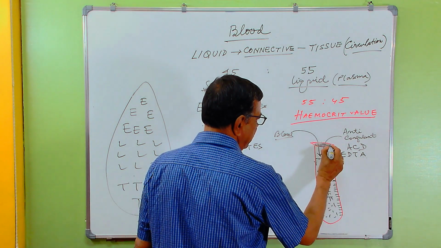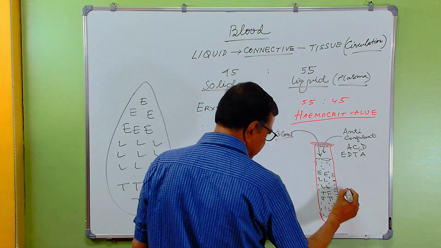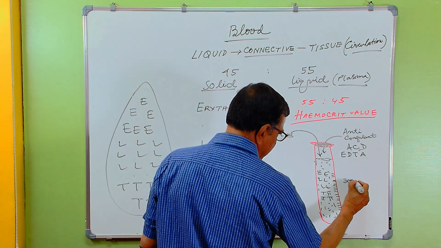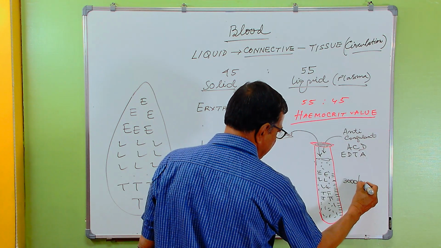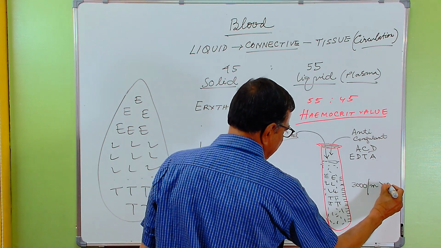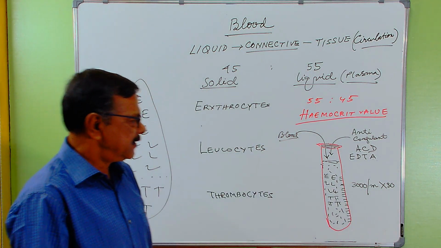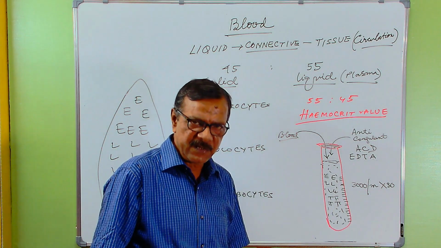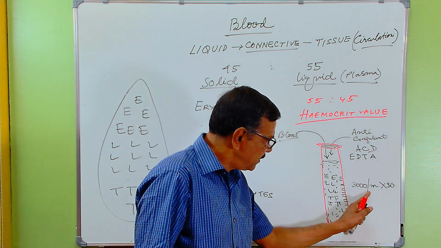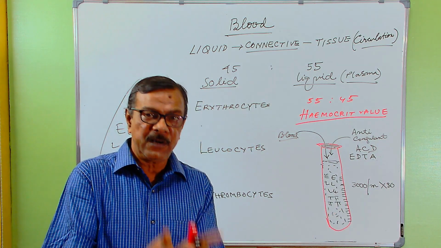You tighten the cap and put this in a centrifugal machine. That machine revolves 3000 times per minute, and it should be continued for say 30 minutes.